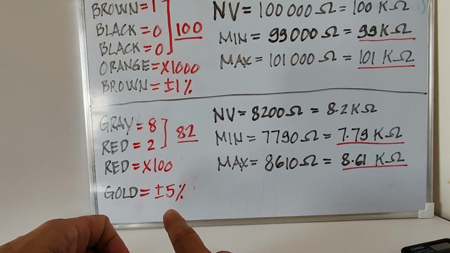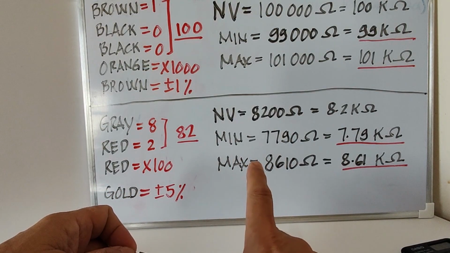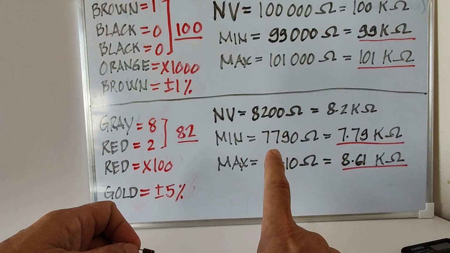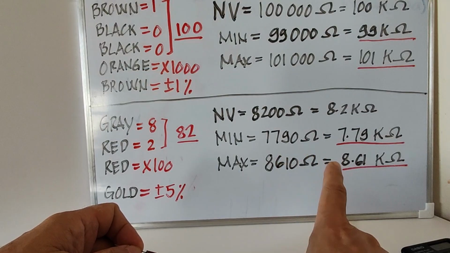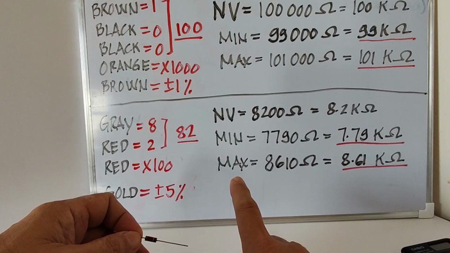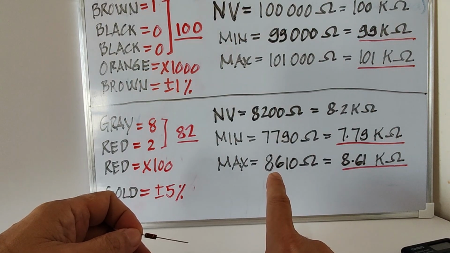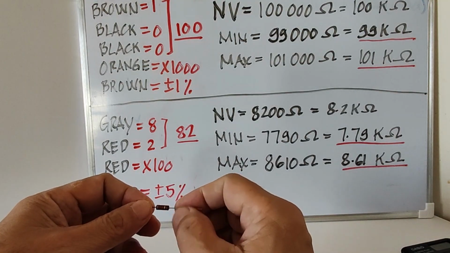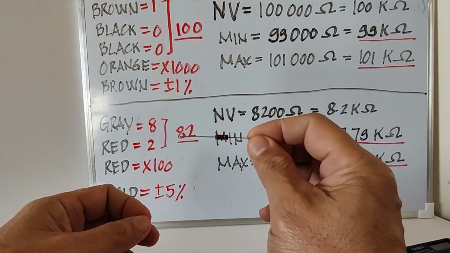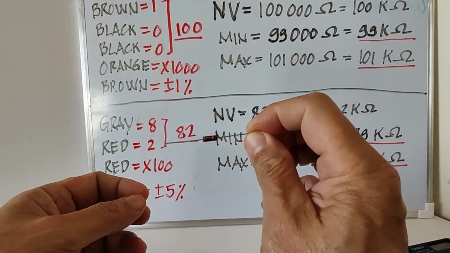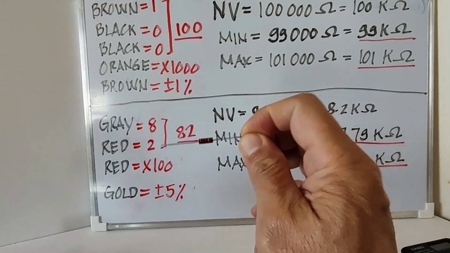Given the tolerance of 5%, we can compute the minimum value of the range at 7,790 ohms or 7.79 kiloohms, and the maximum allowable measured value for the range as 8,610 ohms or 8.61 kiloohms. Knowing these values, we can now take the actual measured value of the resistor and determine if this resistor is still good.